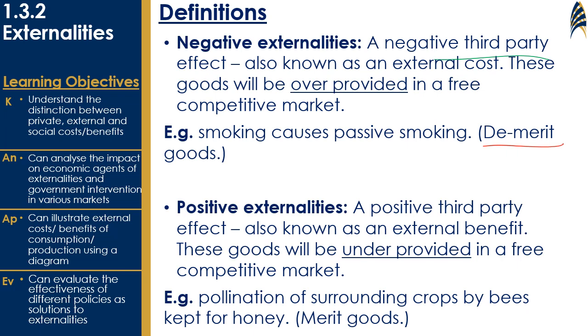They enjoy buying the honey. But there's a third party out there, perhaps a farm nearby, and the bees will pollinate other crops. They're getting that benefit for free. It's an external benefit, external to the transaction, the market activity going on, which is making honey using bees. Next slide.